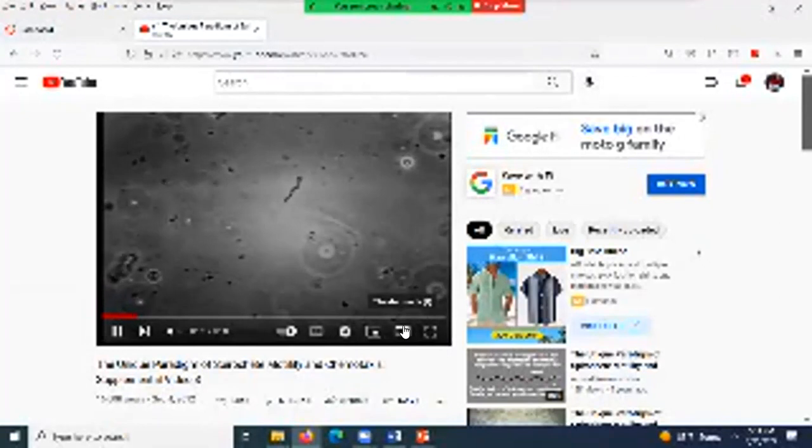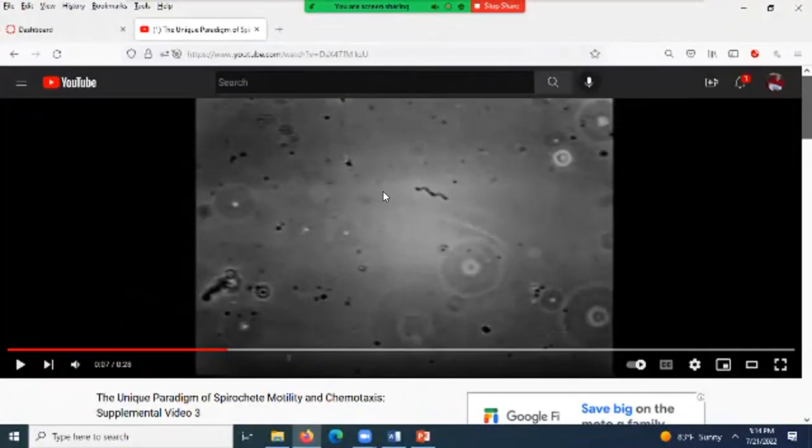Where the cell, let me blow that up, can change its direction. And not only did it change its direction, meaning it's rotating the flagella and going that way, rotating the other way and moving that way, but it actually changed its direction by, what is it, 90 degrees? Nope, I'm not far enough. Go back further.